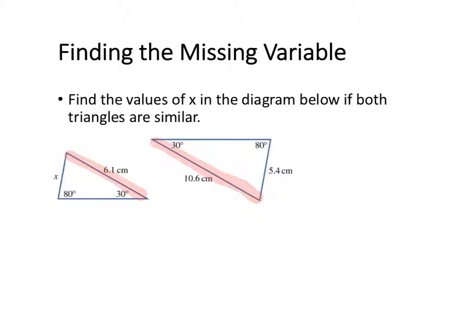And before I go ahead and calculate the scale factor, I'm just going to write on that I'm going to make the first triangle my original and the second triangle my image. So now that I've done that, I can go ahead and calculate my scale factor. The first thing I need to do when calculating the scale factor is to write down the formula.